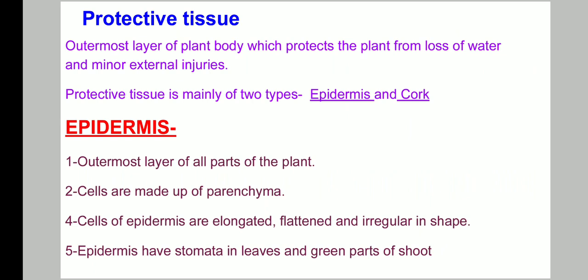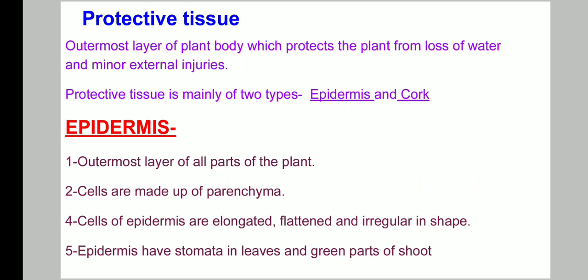Now the next tissue, which is also part of permanent tissue, is protective tissue. This protective tissue forms the outermost layer of the plant body, which protects the plant from loss of water and minor external injuries.